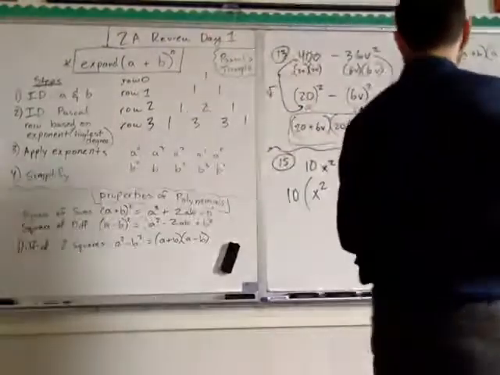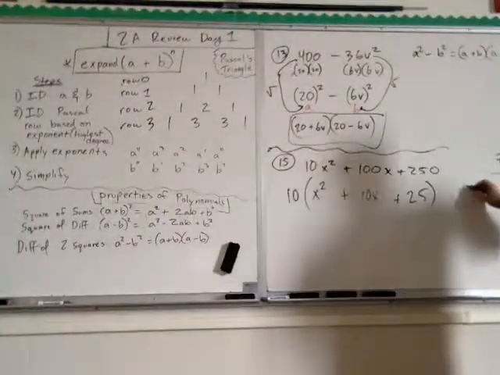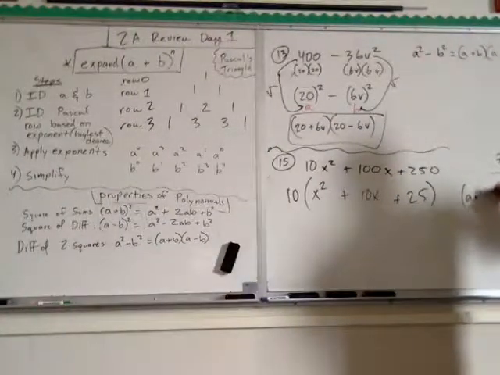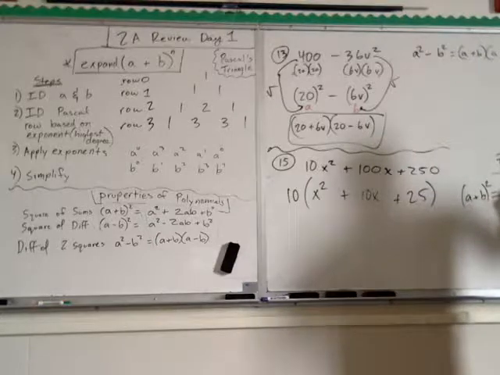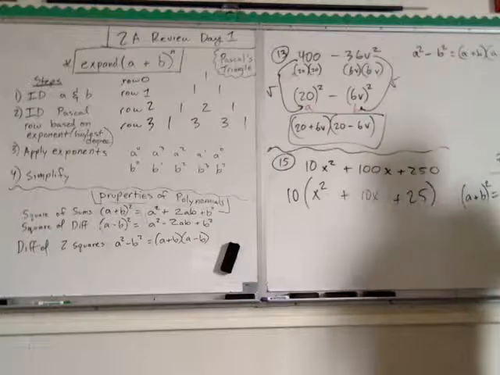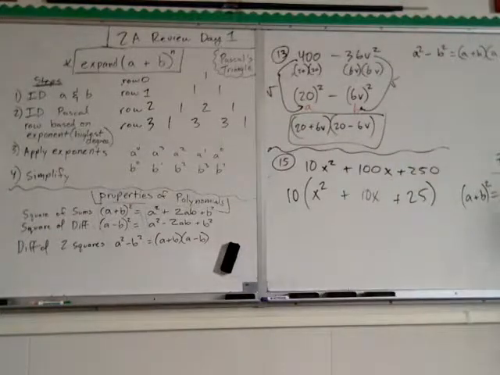All right. So the situation is when I have the square of a sum, I end up with a squared plus 2ab plus b squared. My goal right now is to find what is my a value, what is my b value. The only place we're going to look is our first term and our last term.